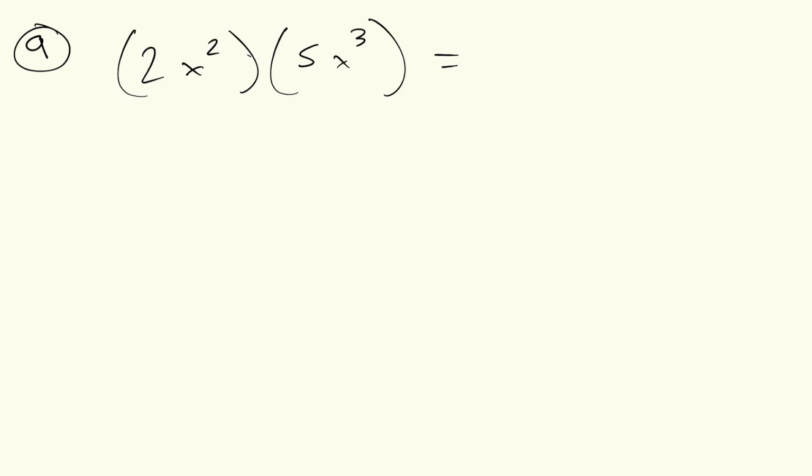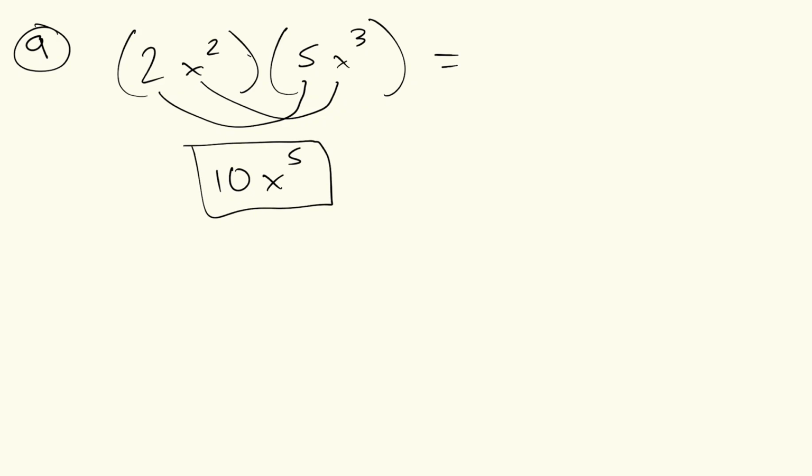So first here, what we're going to do is multiply just the coefficients. So 2 times 5 is equal to 10. And then x squared times x cubed, since they're the same base, once again, all we do is add the exponents, and we're left with x to the 5. And that's your answer, 10x to the 5.